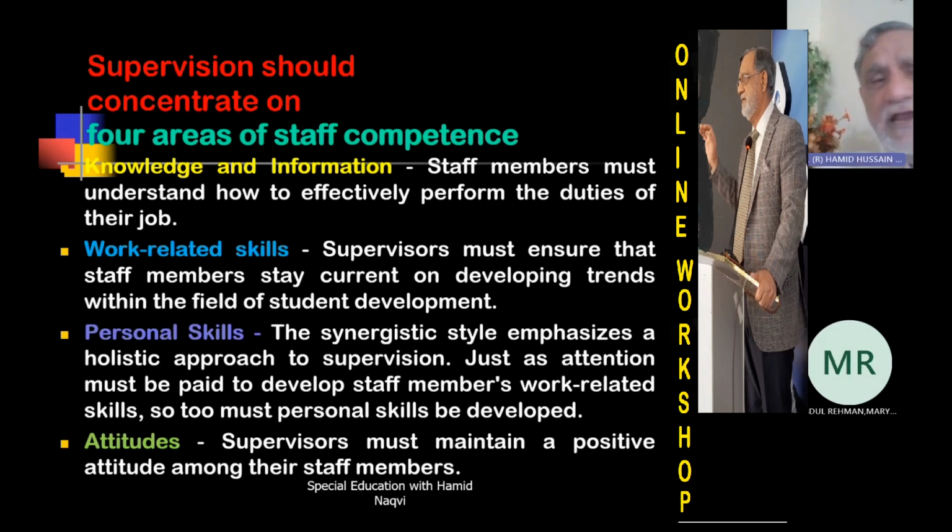And then, relating to their job, they have all the required information, the parameters within which they have to perform their duties. So this is the number one area of staff competence, which the supervisors must see to it that the subordinates are well aware of, and they are functioning within the given parameters.